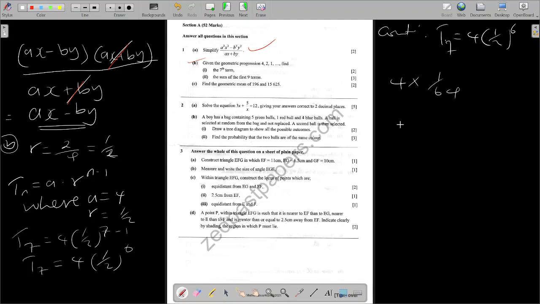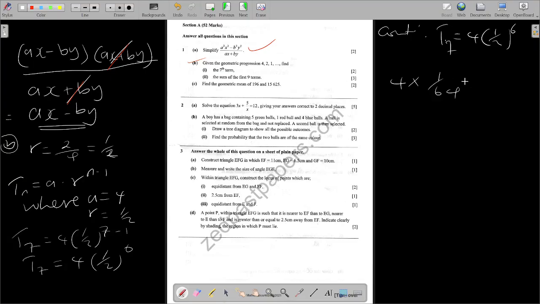When we put the power on 1, we remain with 1, and 2 to the power 6 is 64. This is the way of working out the brackets by removing the power.